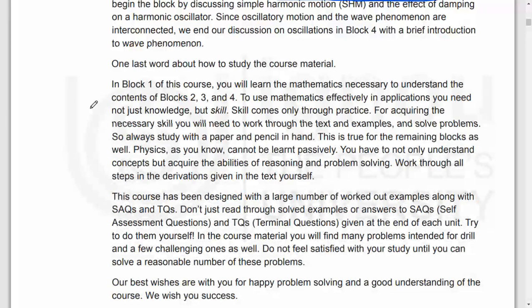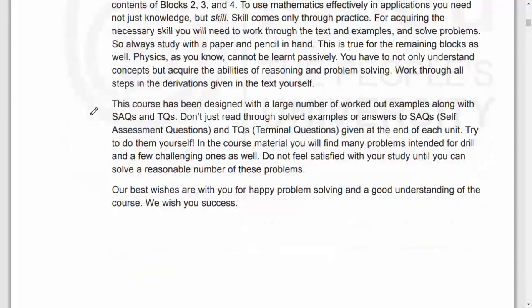Physics, as you know, cannot be learned passively. You have to not only understand concepts but acquire the abilities of reasoning and problem solving. Work through all steps in the derivations given in the text yourself. The course has been designed with a large number of worked out examples along with SAQs and TQs.